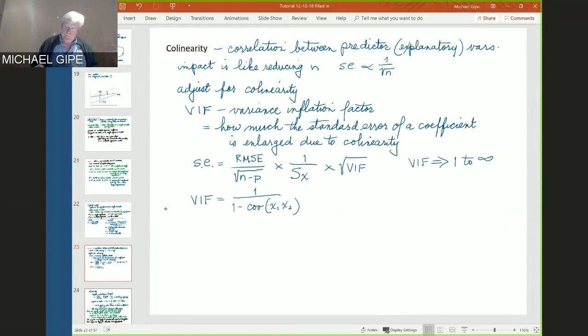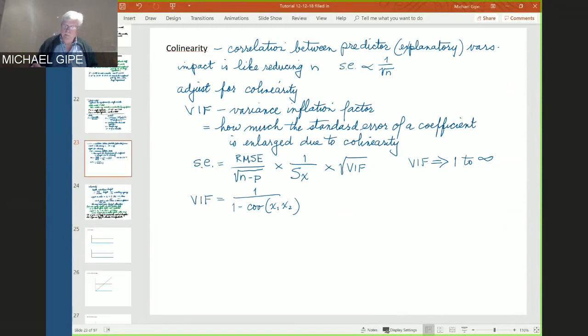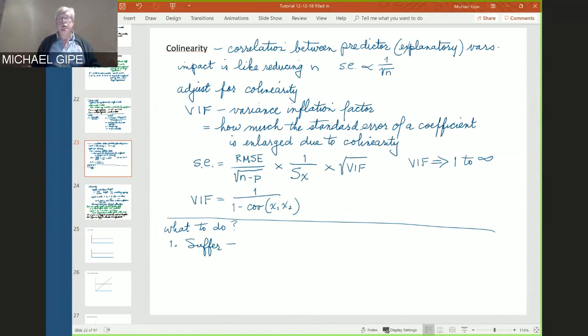So what do we do? What to do about it? First one is suffer. Leave it in and ignore the fact that you've got collinearity. The model is still valid.